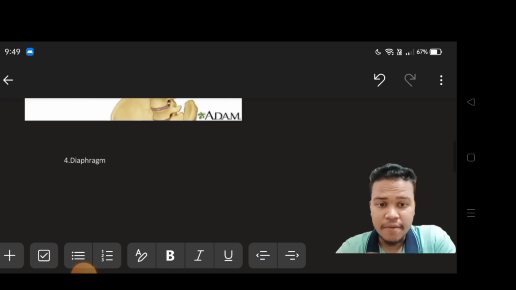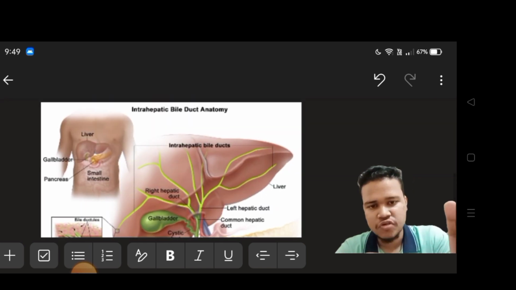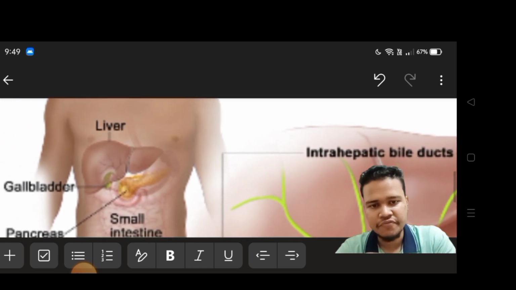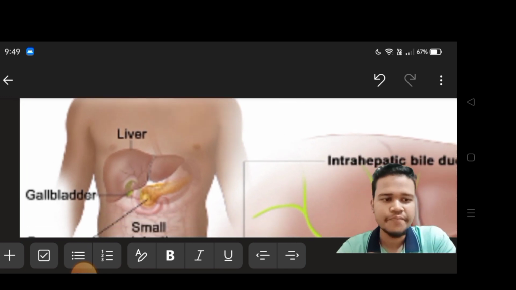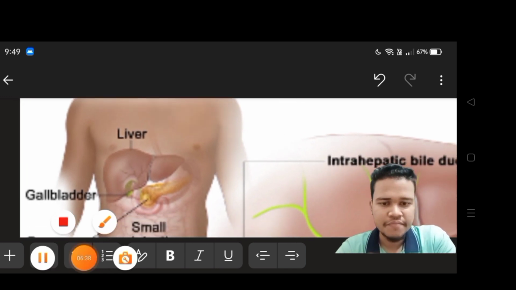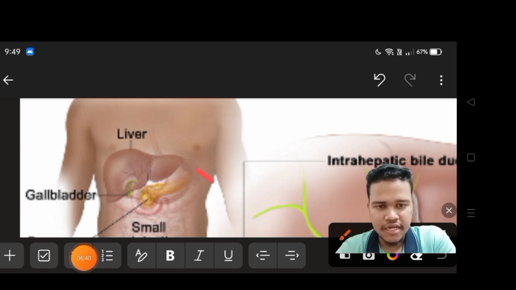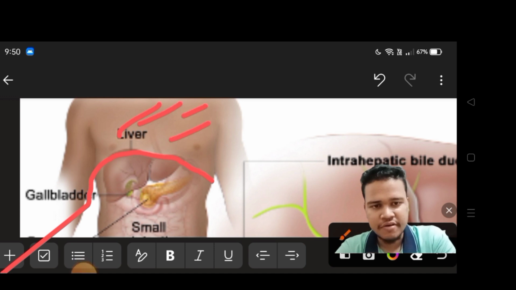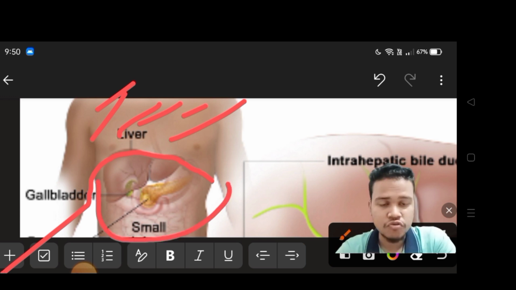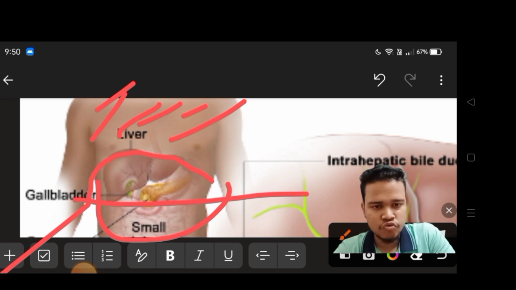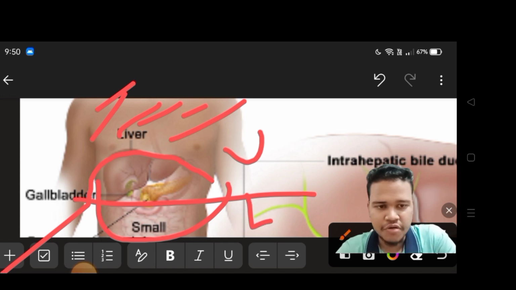We have to know about the position of the liver. If we zoom in on this picture, we can see that our diaphragm is present like this. Above the diaphragm is our thoracic cavity, and below is all the abdominal cavity. If I divide the abdominal cavity into two halves, this is the upper part and this is the lower part of the abdominal cavity.